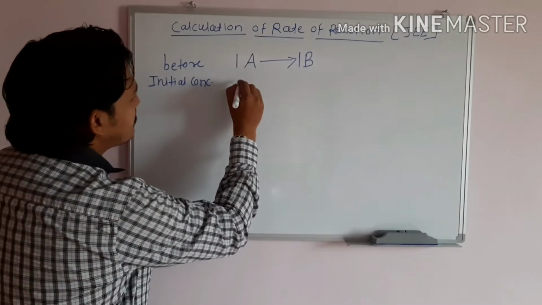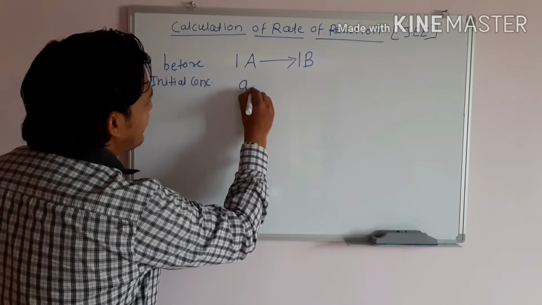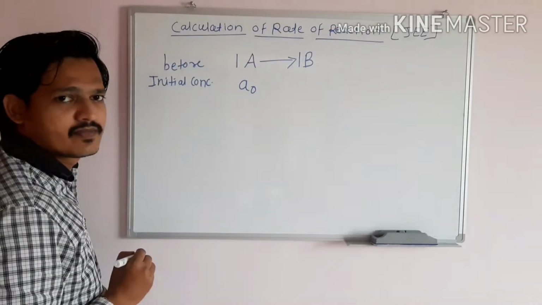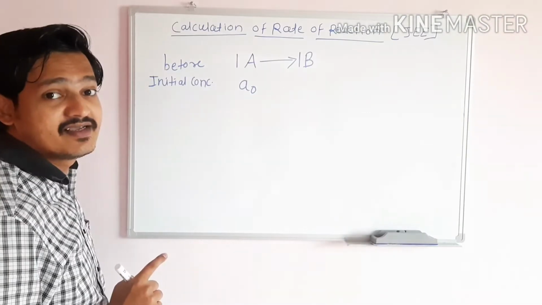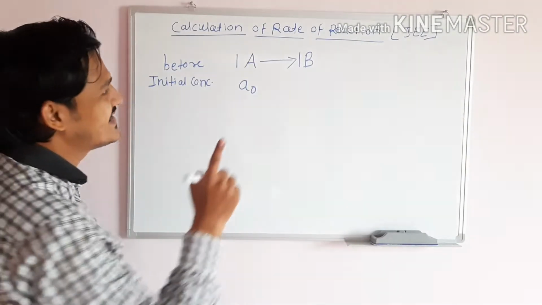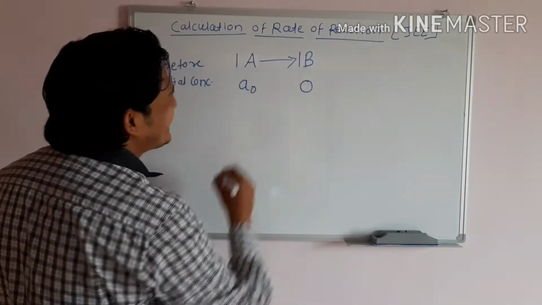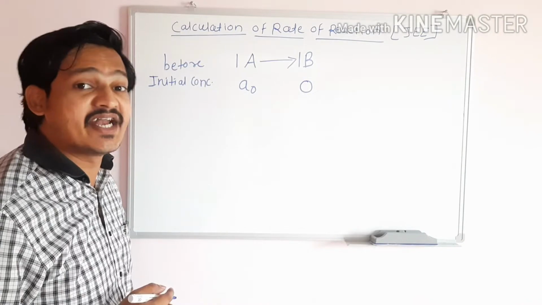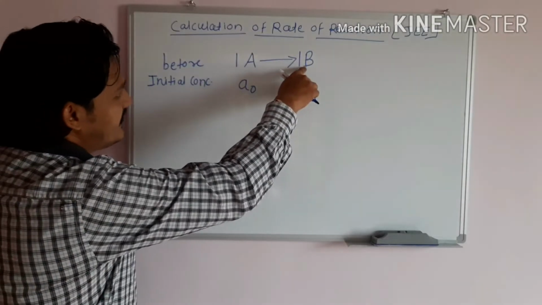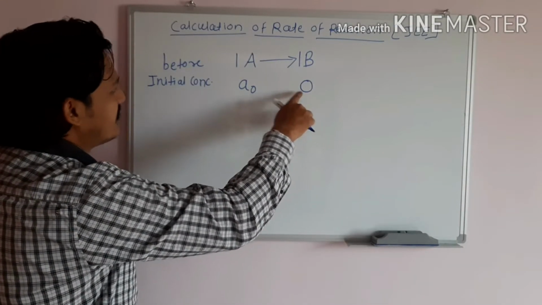Let us say the initial concentration of reactant is A0. Then what is the initial concentration of product B? Is it B0? No, it is only 0. Why? Because the reaction has not started yet.